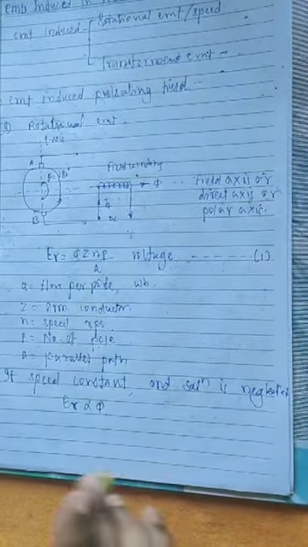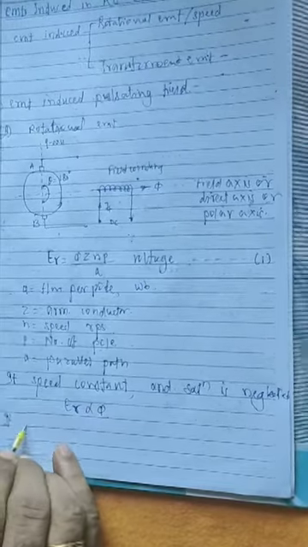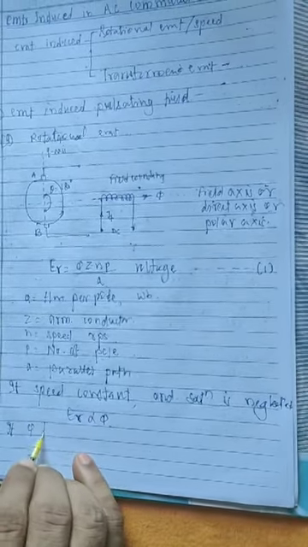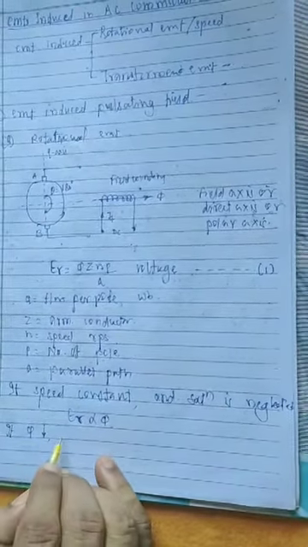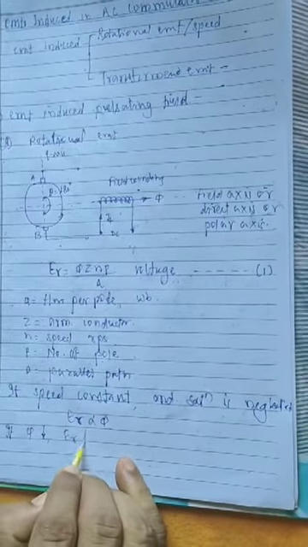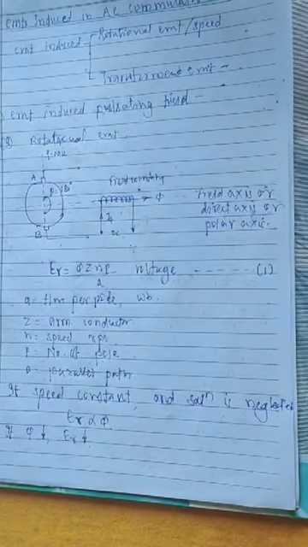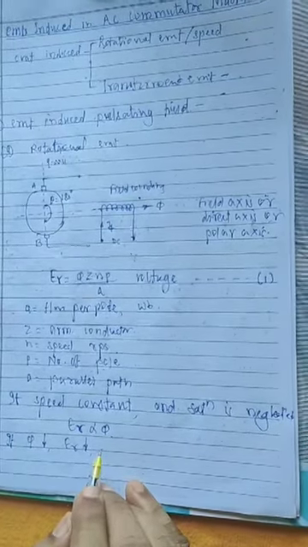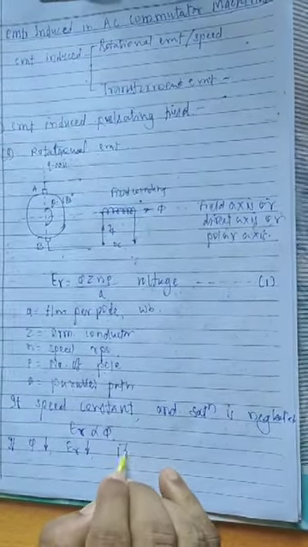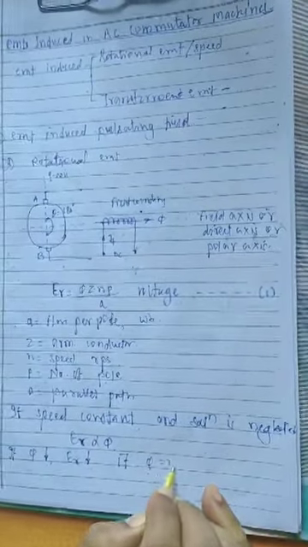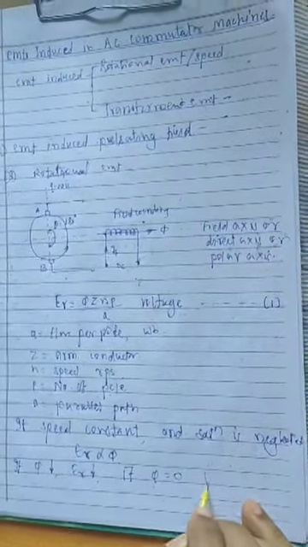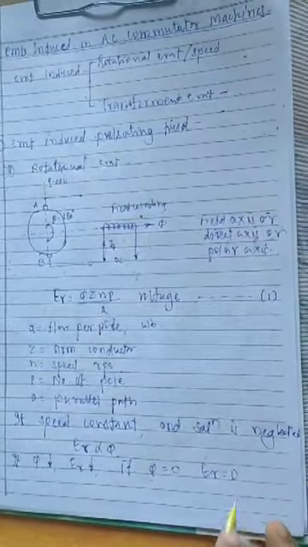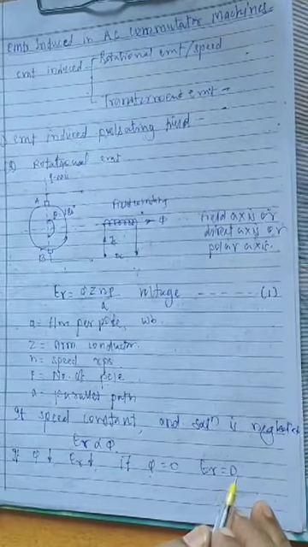So if flux phi is decreased, ER is also decreased proportionally, because saturation is neglected. If phi is 0, ER is also 0.